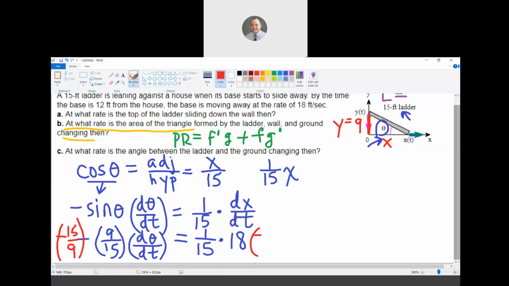So we'll multiply both sides of our derivative by negative 15 over 9. Now a few things will cancel. 15 can go into its negative self negative 1 times. And 9 can go into 18 2 times.